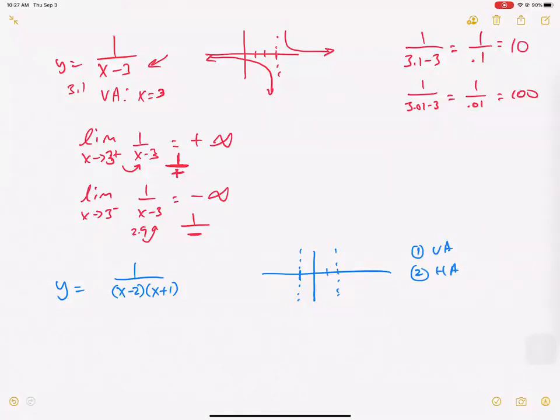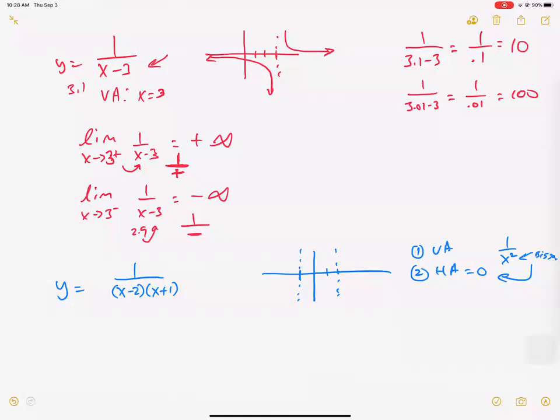So the horizontal asymptote here is the idea it's 1 over x squared, which means the bottom is bigger. So the horizontal asymptote is going to be 0. If you're not sure how I did that, just plug in larger numbers. 1 divided by 10 squared is 1/100. 1 divided by 100 squared is 10,000.